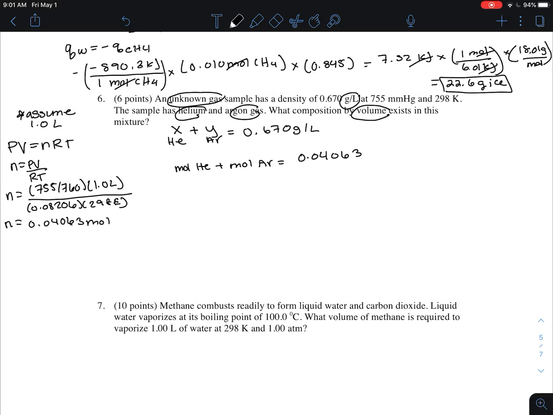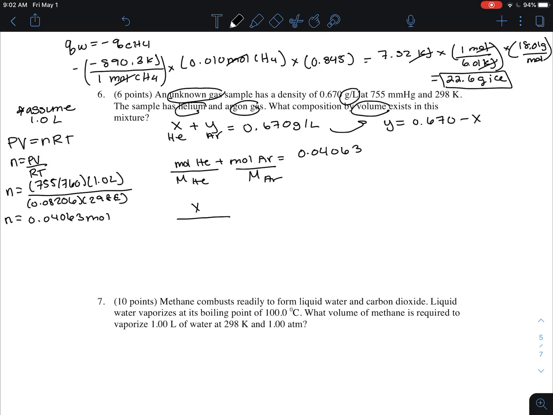So what that means is that my moles of helium plus my moles of argon is equal to 0.04063. Well, I can isolate my density equation in terms of X and say that Y is equal to 0.670 minus X. I know that to get the moles, I have to divide by the molar mass of helium and the molar mass of argon.